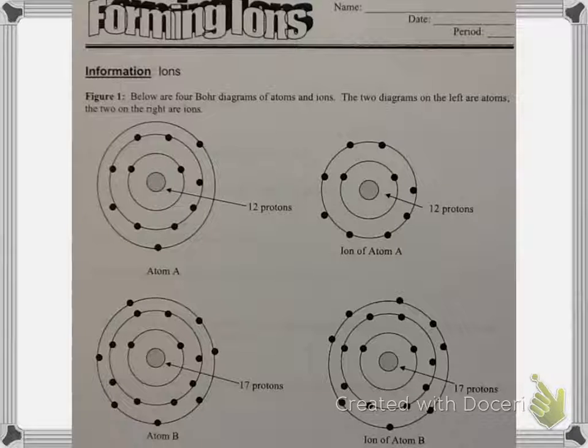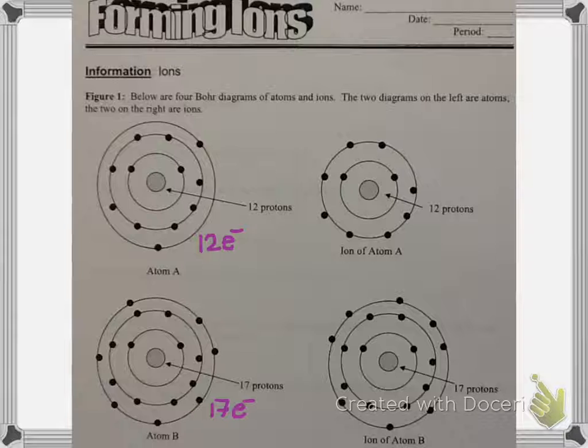Atom A has 12 electrons. Atom B has 17 electrons.